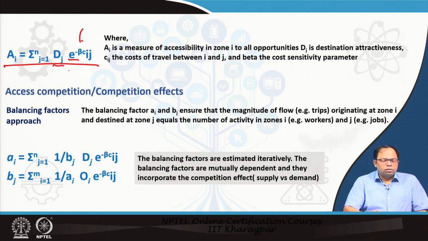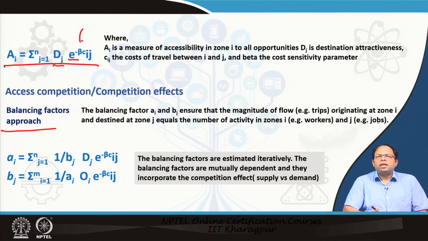This is called a balancing factors approach, and we introduced two balancing factors, Ai and Bj, which ensure that the total magnitude of flow, that is trips originating at zone i and destined for zone j, equals the number of activities in zone i, for example workers, and j is for example jobs. That means once we have formulated that and done it for all zones, the total number of trips originating in one zone ends at the jobs in another zone. So this is balancing of a gravity model.